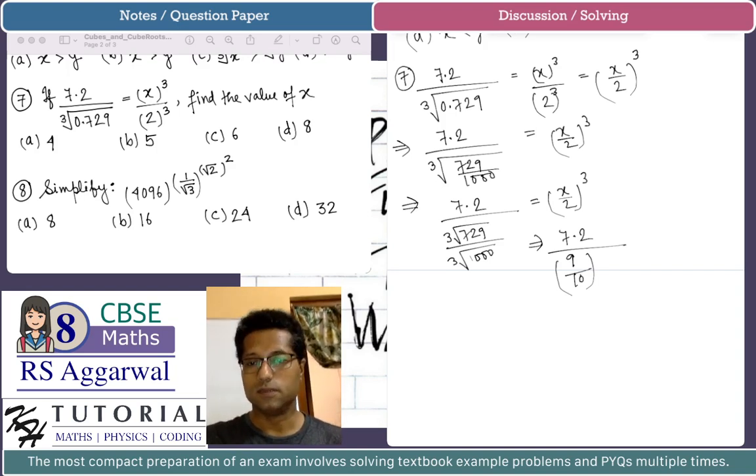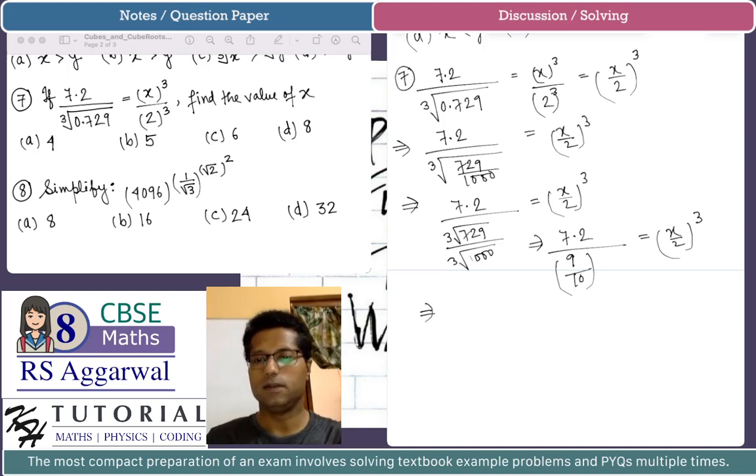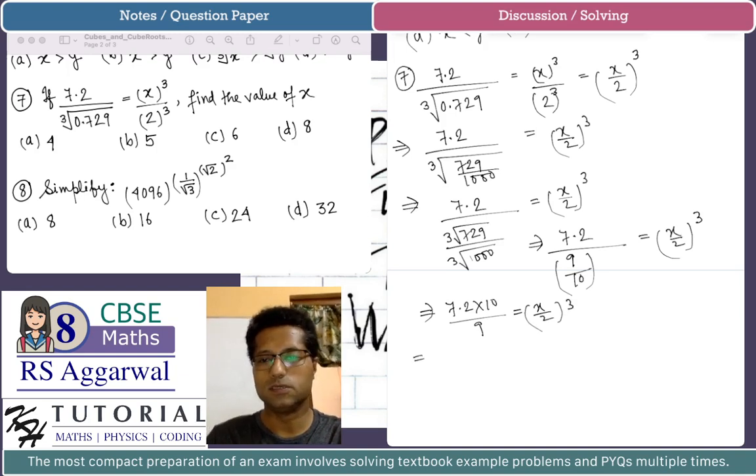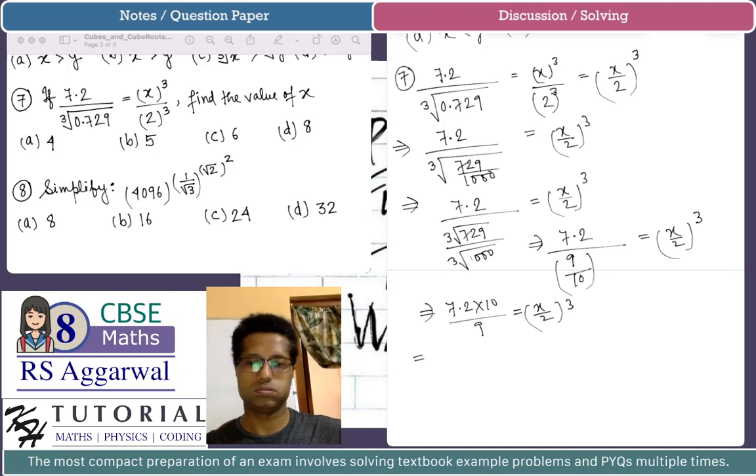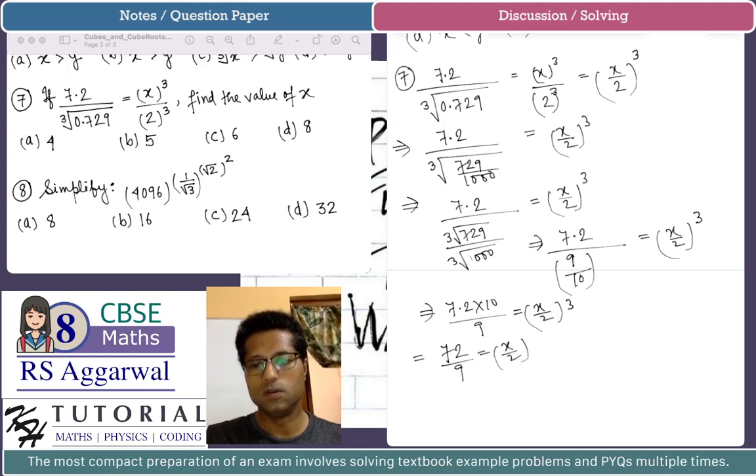Okay, so this is equal to x by 2 whole cube. This implies, if you simplify the left hand side, it is 7.2 multiplied by 10 divided by 9 is equal to x by 2 whole cube. So 7.2 into 10 is 72, and 72 by 9 is 8.